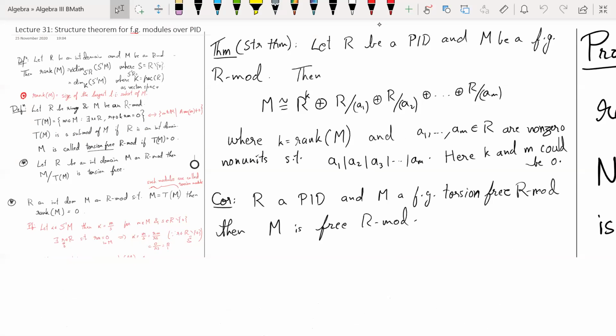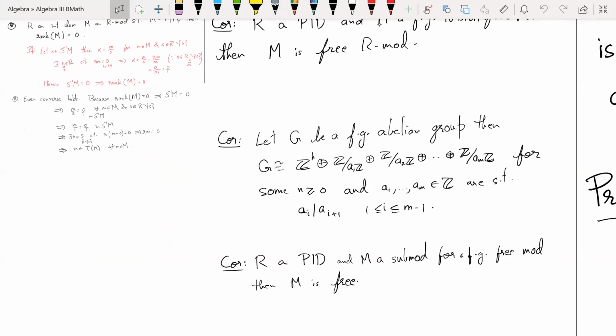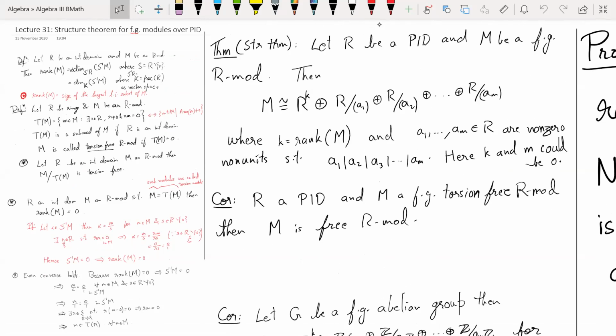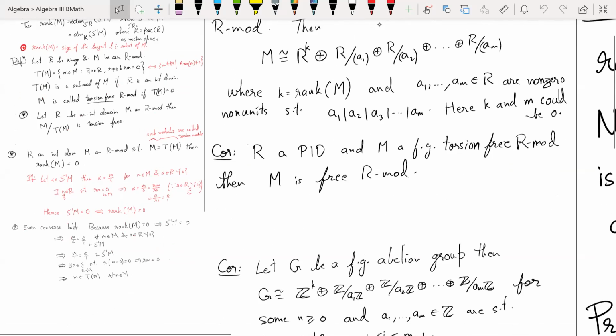Okay, so now let's get to the structure theorem. As I said, you may have seen the structure theorem for finitely generated abelian groups. You may not have seen the proof, but I hope you have seen the statement. So the statement is this: let G be a finitely generated abelian group.